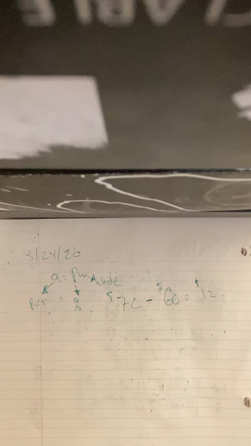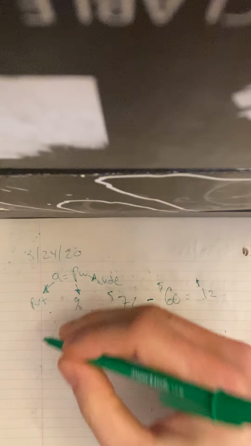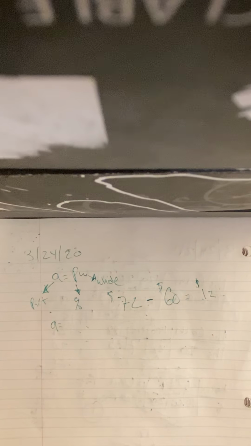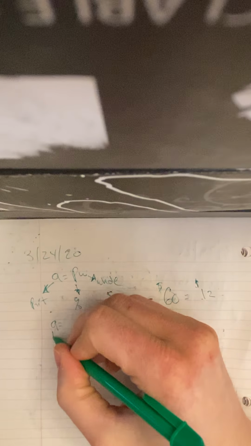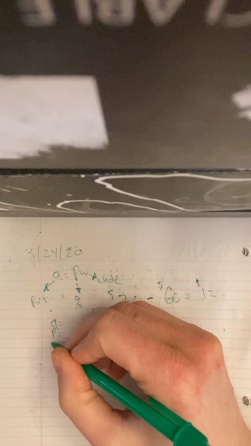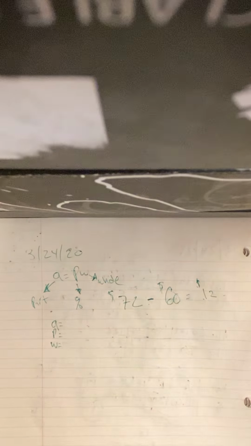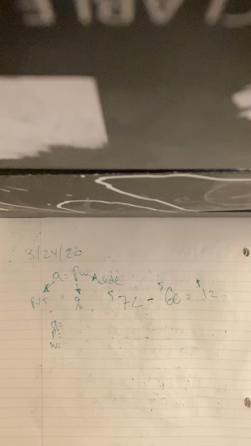So now I'm pretty much set for my equation. How much did I start with? Because I'm looking for the percent decrease. I'm trying to find out how much percentage I got off my total cost, right?